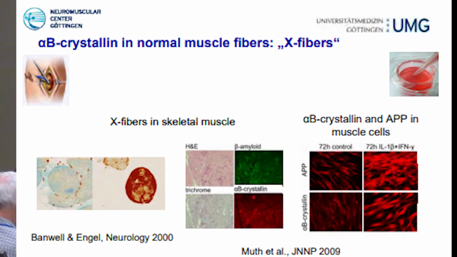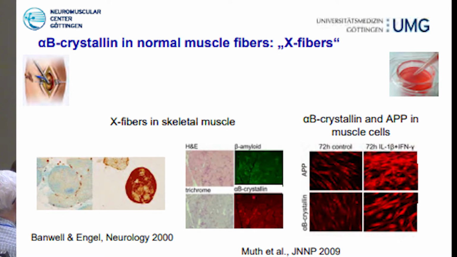What we could show a couple of years later is that even if we did not see any morphological abnormality, no vacuoles, no inclusions, these fibers already contained a soluble form of amyloid inside them. So we would predict, we cannot prove, because we cannot do a repetitive biopsy of the same fiber again and again. This would be unethical, and if you take out a biopsy, that part of the muscle is gone.